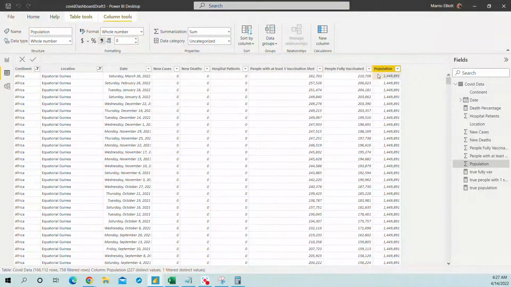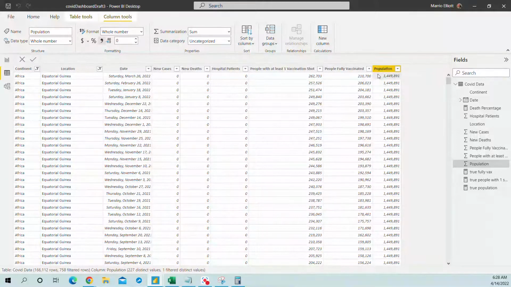Our population stays the same because it's just the population as of the day you pulled the data down. If you pulled it down today, this number will be different from my number, but it'll be the same throughout the whole time period, because the population is as of the day you pulled it.